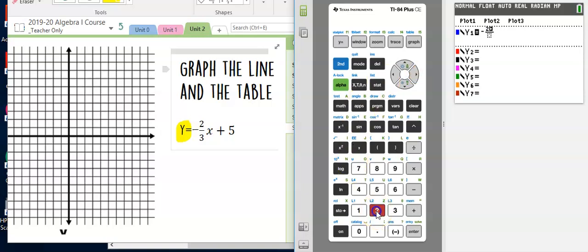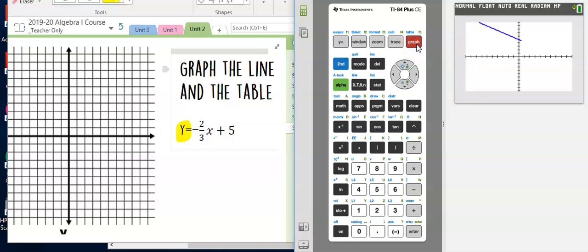There it is. 2/3 x plus, oh, it jumped down on me again, I apologize. 2/3 x plus 5. Sometimes using the calculator on my computer is challenging. Next, I'm going to press graph. And you can see we have a beautiful graphed line.